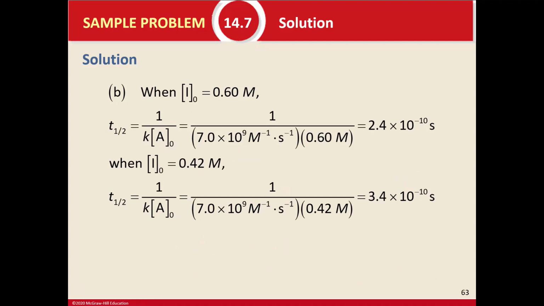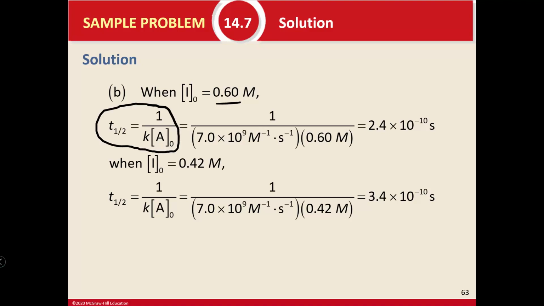All right, so let's look at the next part, which is the half-life. So the half-life, we have an initial concentration of 0.60 molar of the monoatomic iodine. The half-life, you'll memorize this equation here. And it's real easy. You already know what k is.